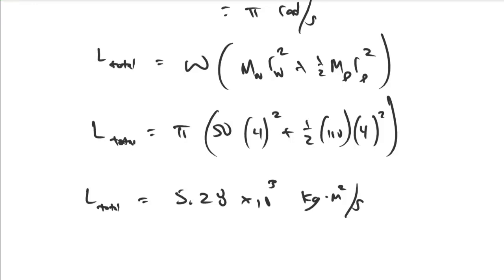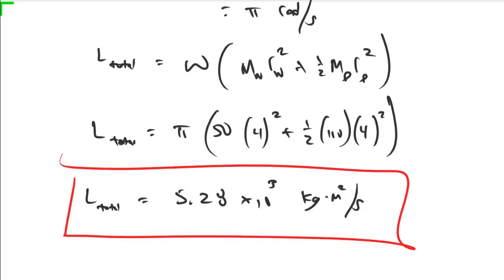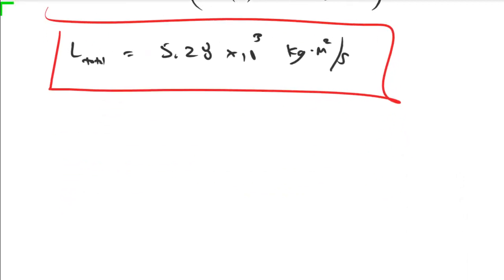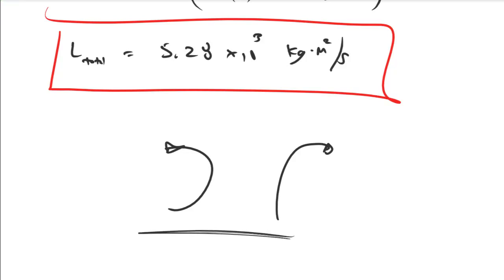Kind of funky units there for angular momentum. We don't have anything special that we call out. It's just kilogram meters squared per second, units of angular momentum. So pretty straightforward. Just like we looked at linear momentum, the angular momentum of a system is the sum of individual angular momentums. Just to expand on this a little bit, if I had one thing rotating counterclockwise and another thing rotating clockwise, then these would go against each other.